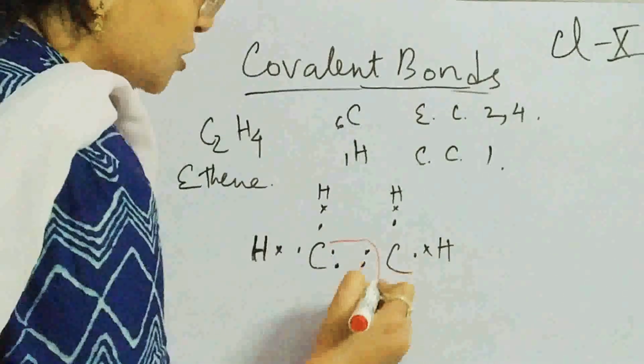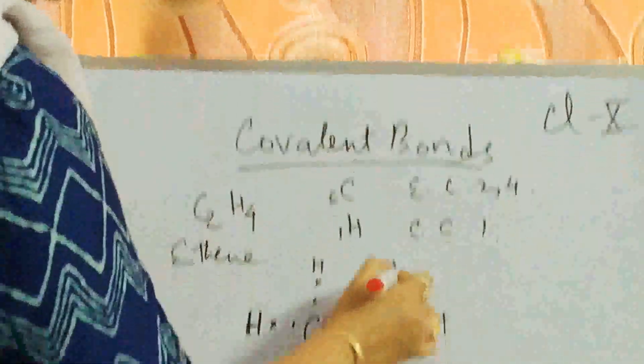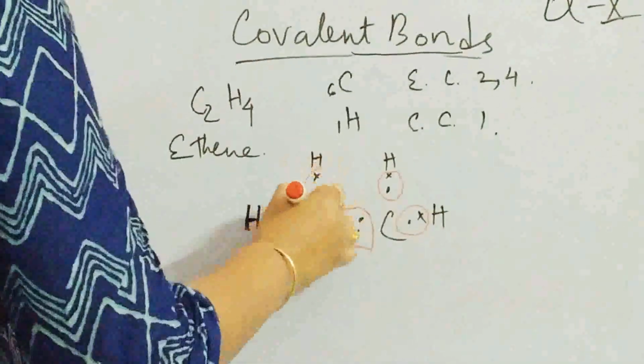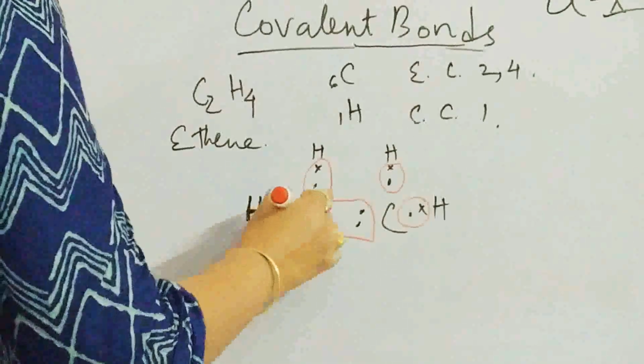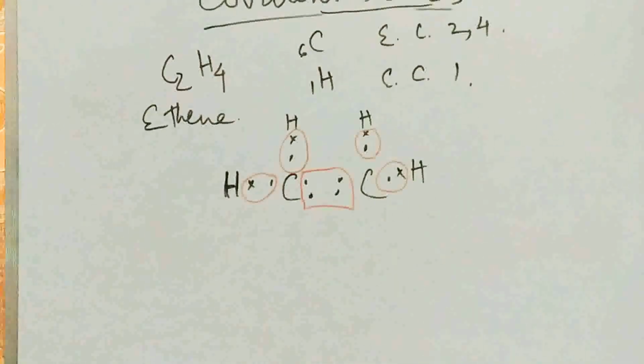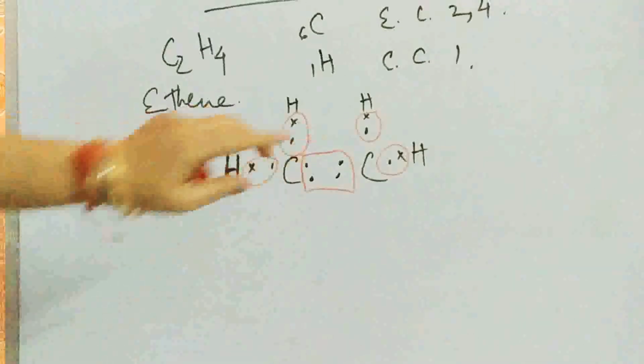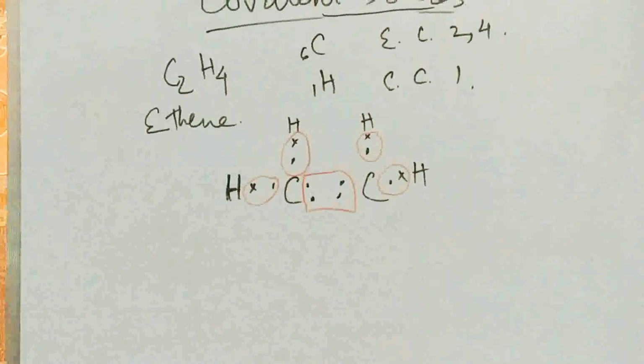So 2 bonds are formed between the 2 carbon atoms. One single bond, single bond, single bond and single bond. So this molecule is an example of the combination of both single and double bonds.